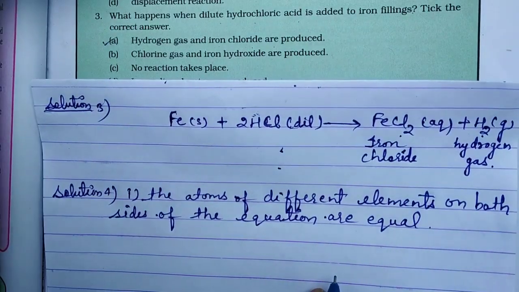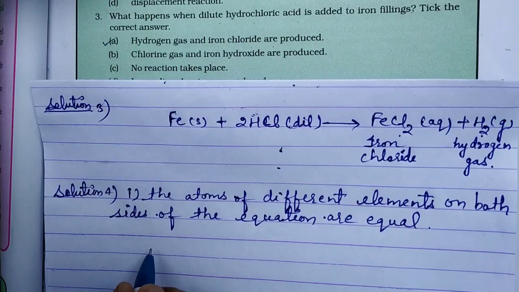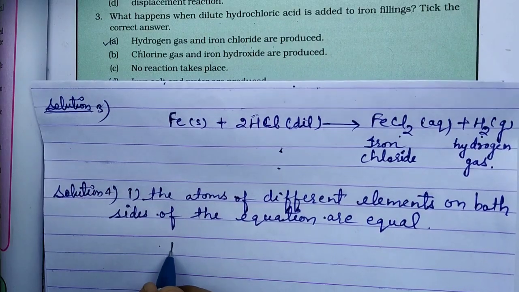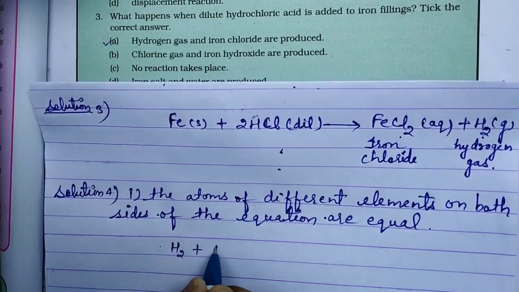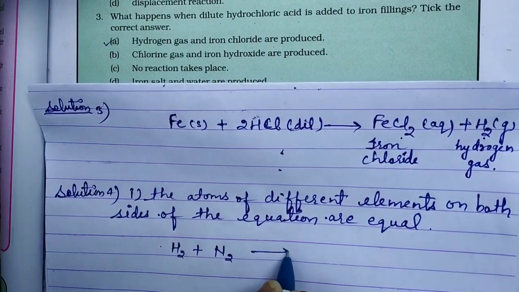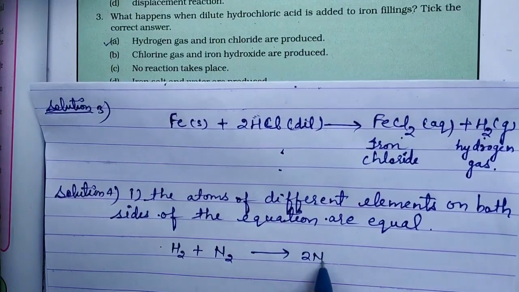Okay, let us take an example: H2 plus N2 gives 2NH3.